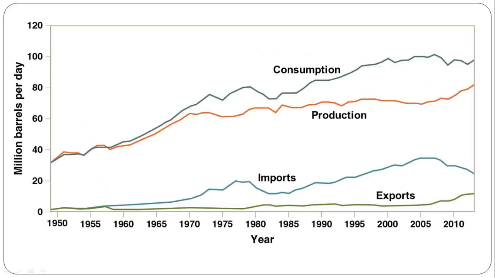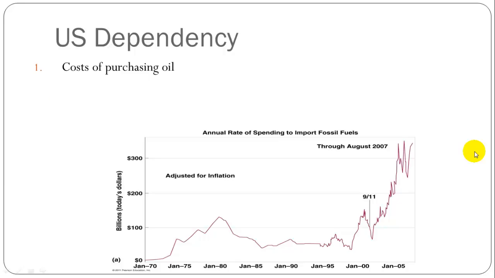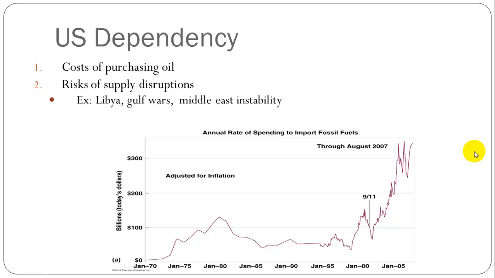So this is a graph again showing that our consumption is much higher than production, and therefore our imports have increased, and we export some amount of oil, but not as much as we import. So the cost of purchasing oil is a drain on our economy, and also makes oil very fluctuating in its price.